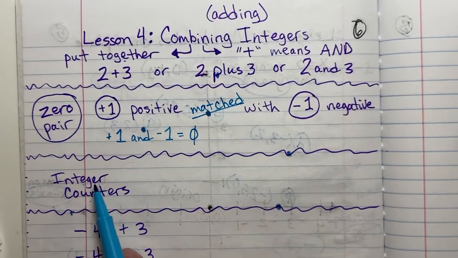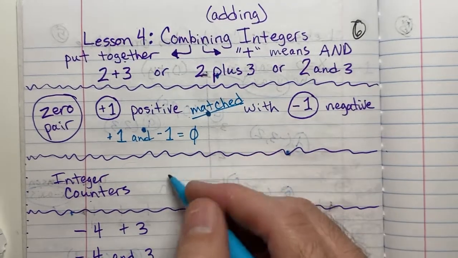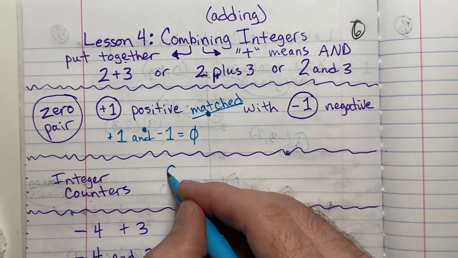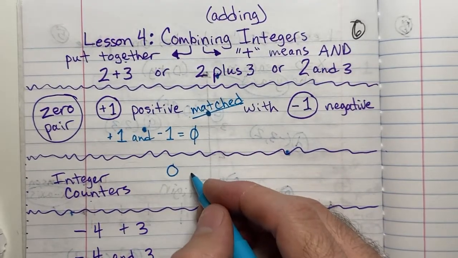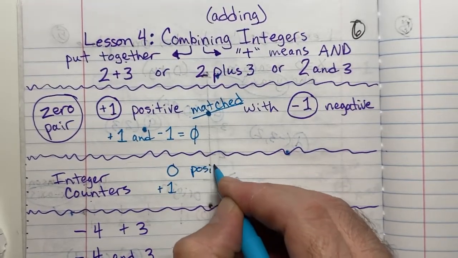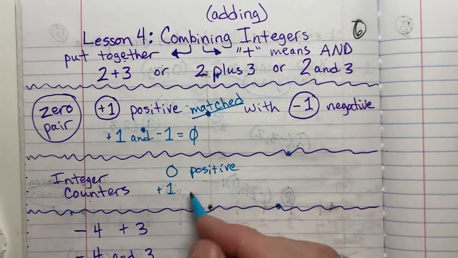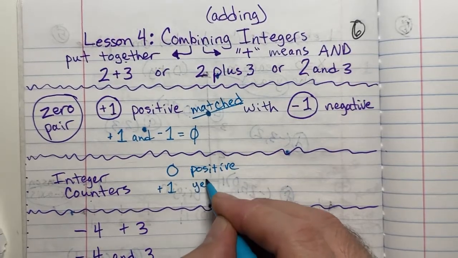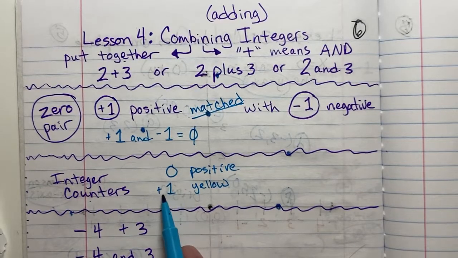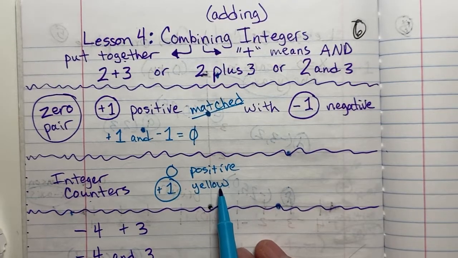Now from elementary school, we use the integer counters. If it's on paper or graph paper, an open circle is going to be a positive 1. That's going to represent one positive. The little integer chips may also be yellow. So an open, unshaded circle is a positive 1, or a yellow integer chip.